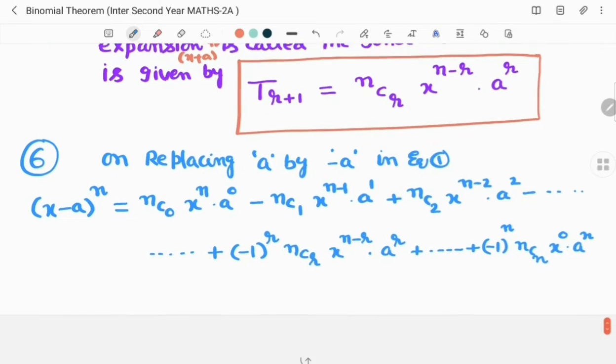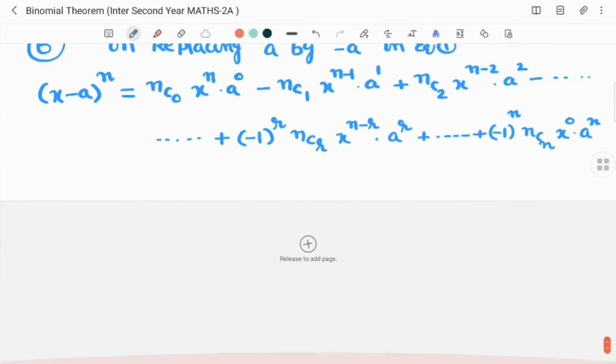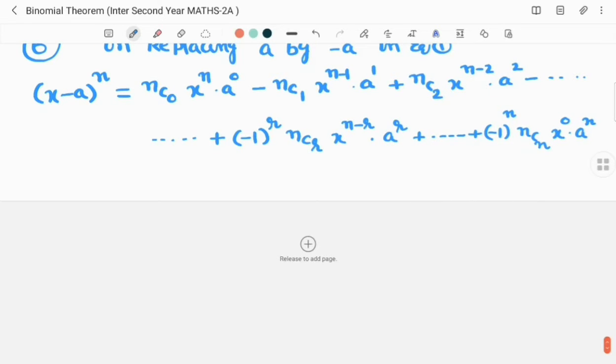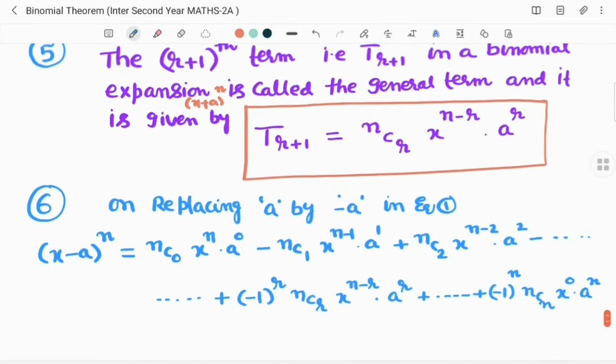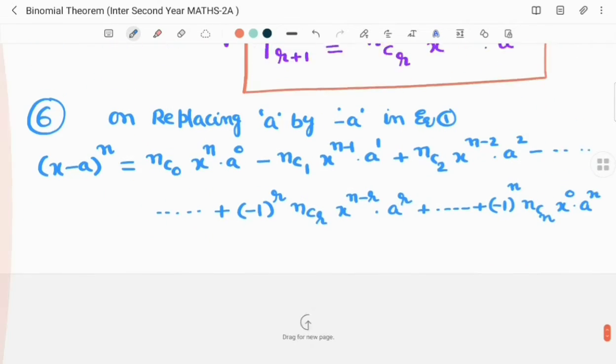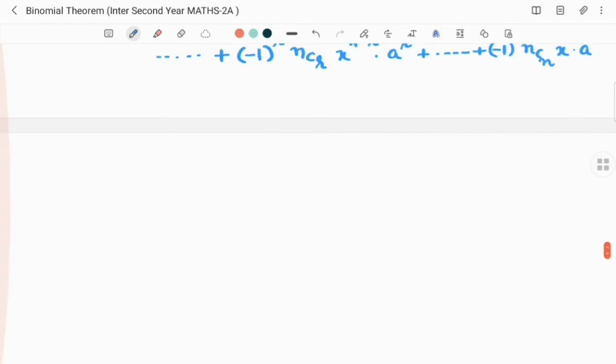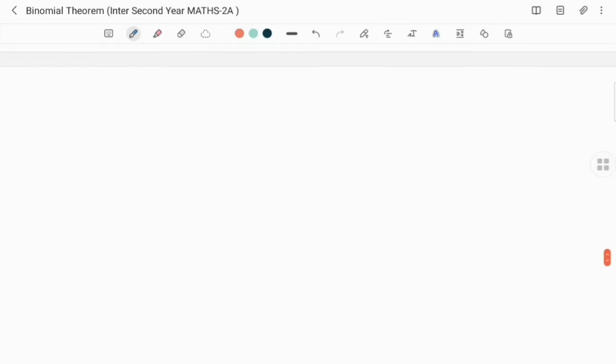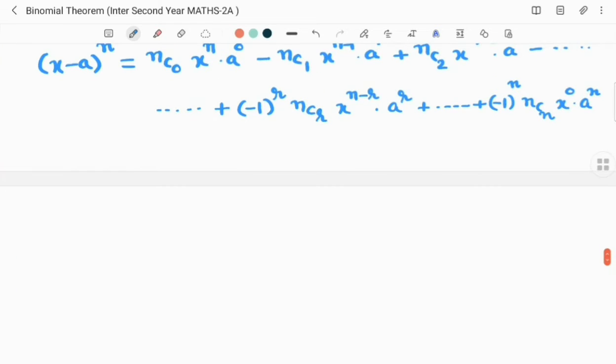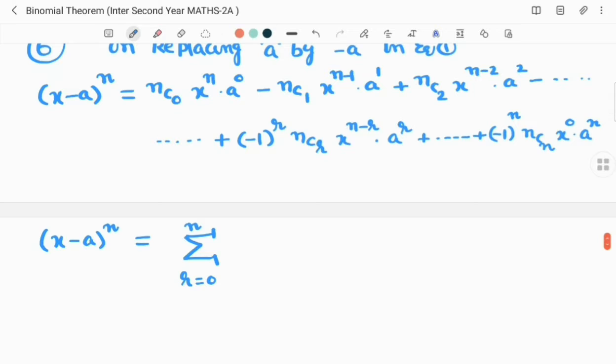So this expansion completely can be written as x minus a whole power n, summation or sigma r is equal to 0 to n, like the previous expansion, but here the difference is alternately plus, minus, as we observed in this expansion.